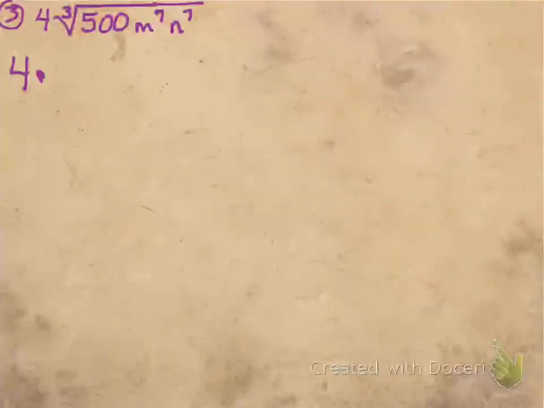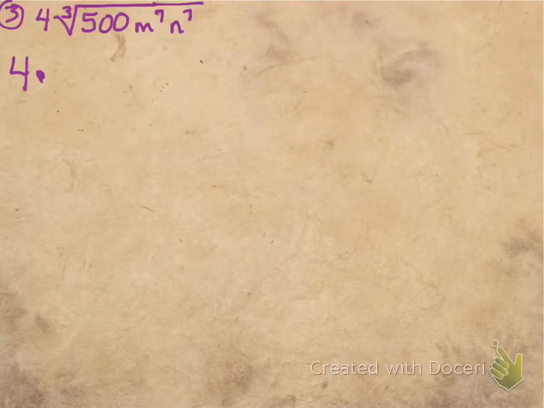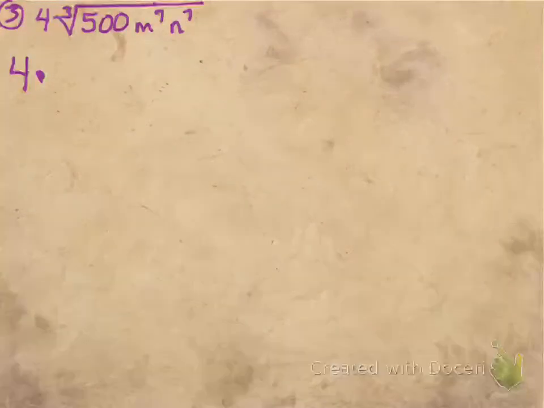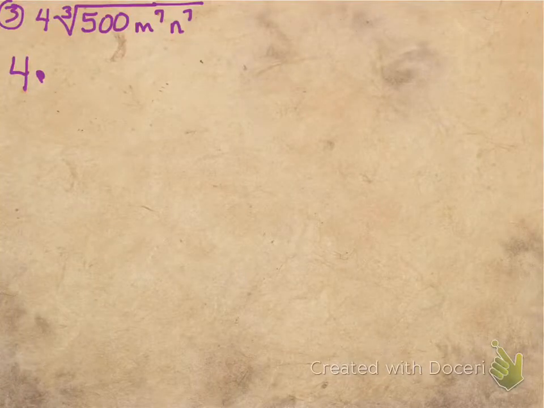So we have 4 times the cube root of 500 m to the 7th n to the 7th. So what do I do next? You divide the radicand. Do the 500 first.